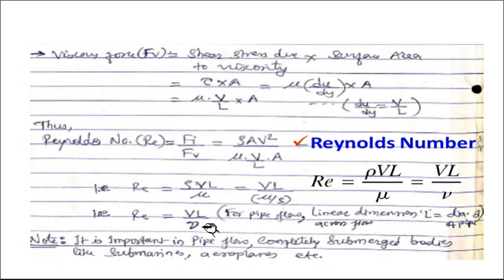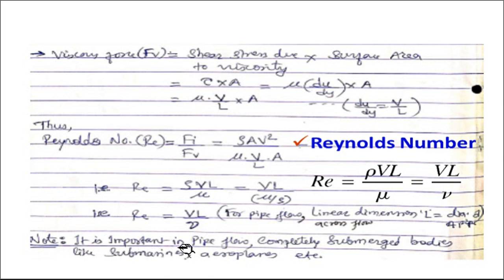In this second formula, nu is kinematic viscosity. Rho is the mass density of fluid, capital V is average velocity of fluid, L is the characteristic dimension of the flow passage. For a pipe flow, characteristic dimension is nothing but diameter of a pipe. L is characteristic length. So Reynolds number is finally written as VL upon nu or rho VL upon mu.